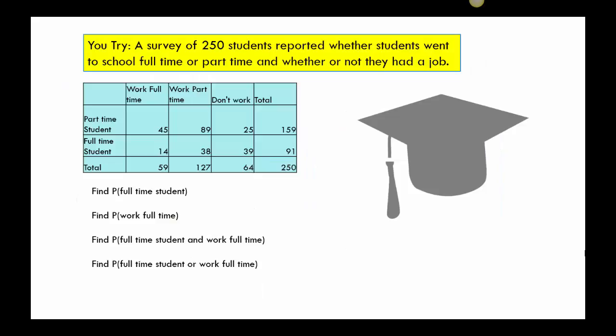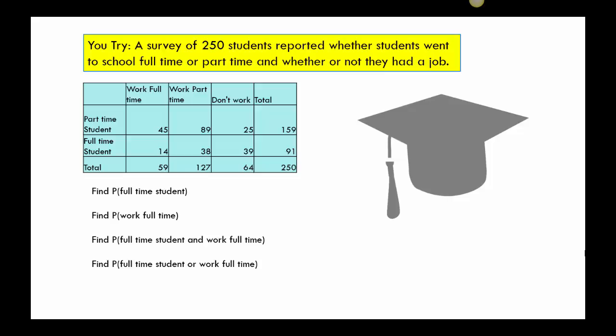All right. So how about you try one? Here is another chart. This time I made it a survey of 250 students, and I said, let's look at whether they go to school full-time or part-time and whether they have a job or not. And if they do have a job, do they work full-time, part-time, or they don't work at all? So take a second, try this one out where I'm asking you a few questions.